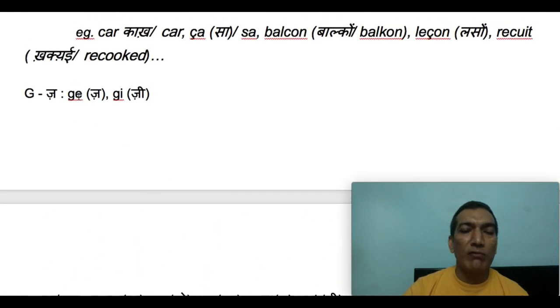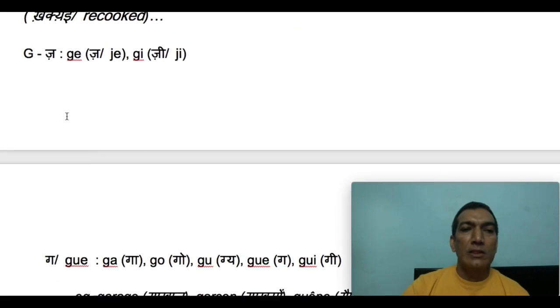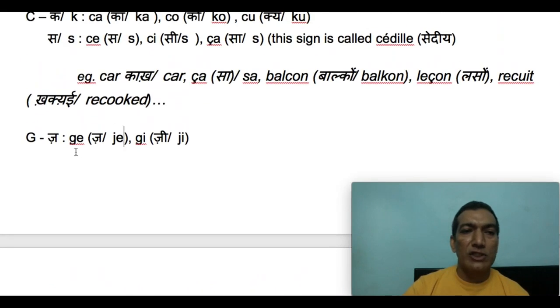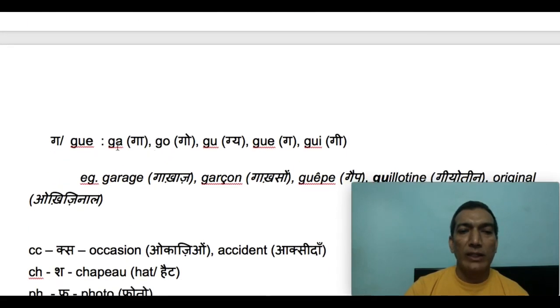And when it is followed by i or e, it is pronounced as je. So the same vowels: G becomes je when followed by i or e, and G stays g when it is followed by A, O, U.